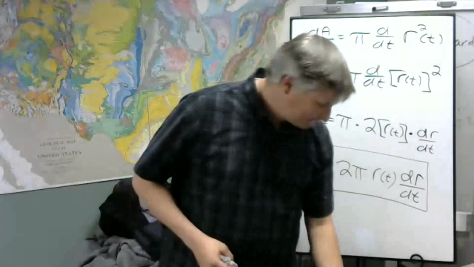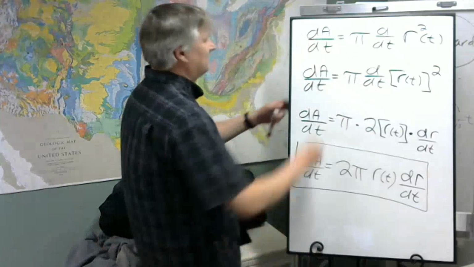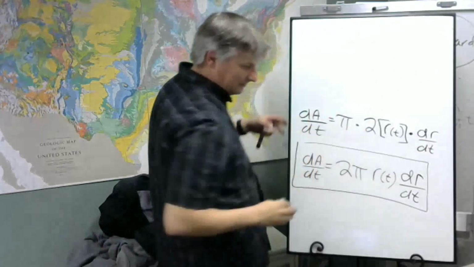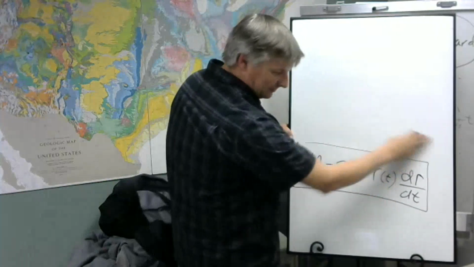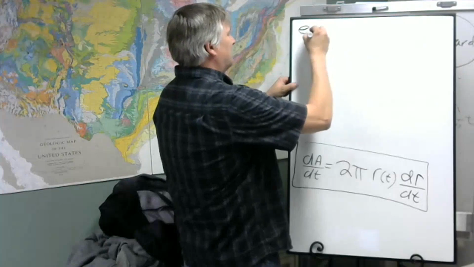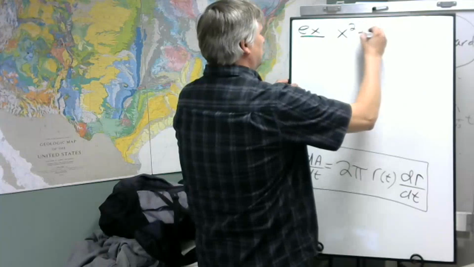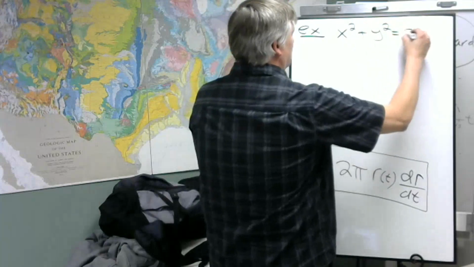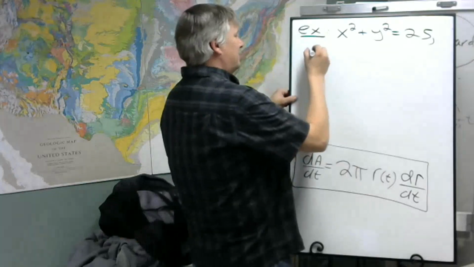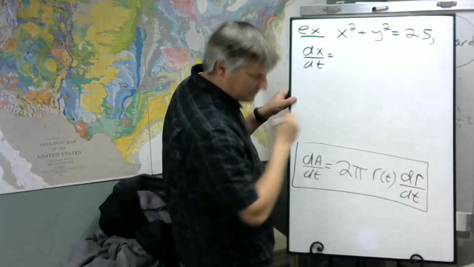All right. So let's say we have this. So let's say we're given that dx dt is -2.